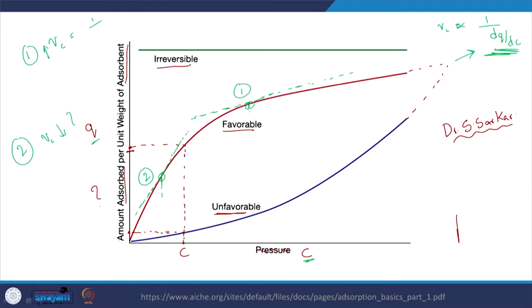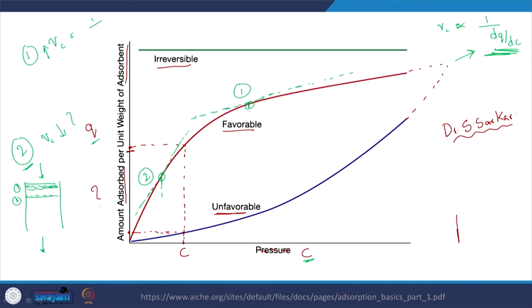Why is this relevant? When it is coming in this direction, this phase will be in equilibrium with case 1, and case 2 is somewhere out here.